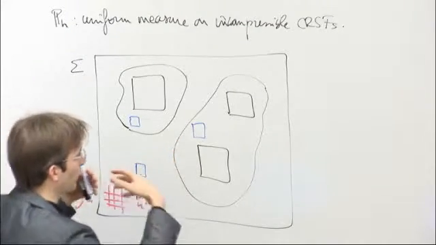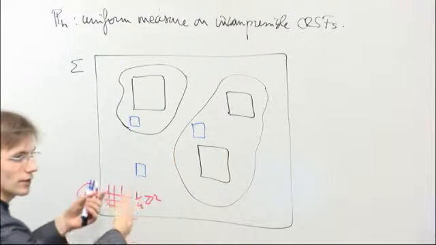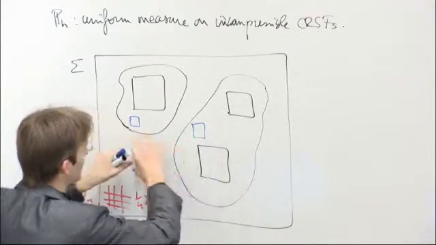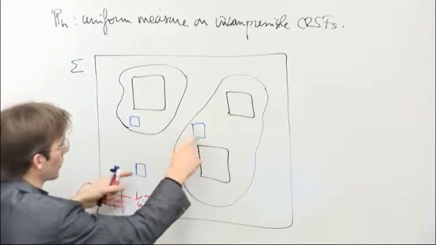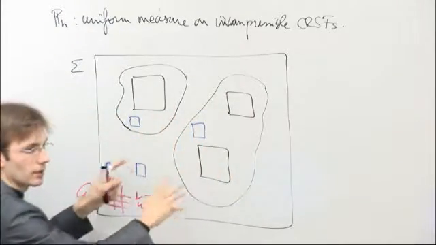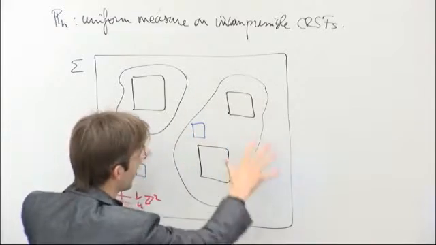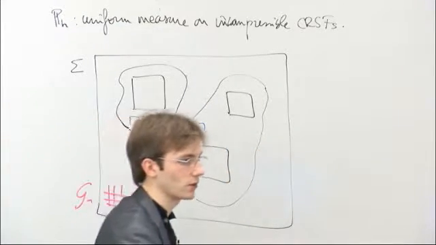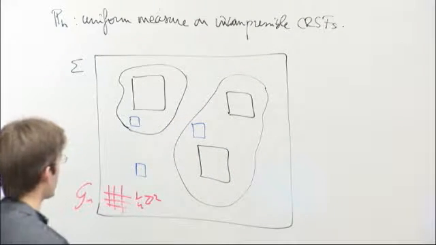The idea is that this will generate the Borel sigma field, because if you knew the probabilities for all these events, and you take the blue squares to be on a dense countable subset of the surface, you will actually get the precise information on the topology of the curve.